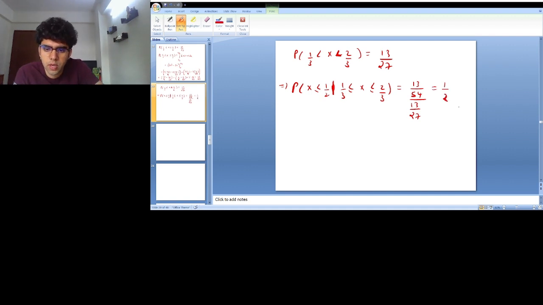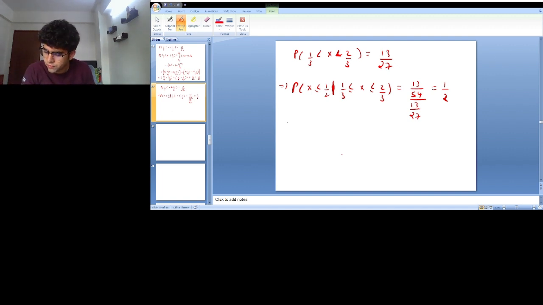Let me just check if we are right. Yeah, they have made some printing error in the book, but what we have done is correct. So the answer is 1 by 2.